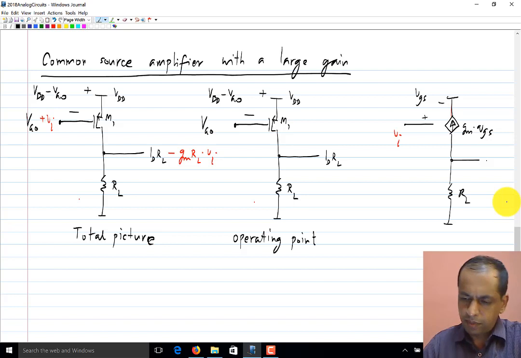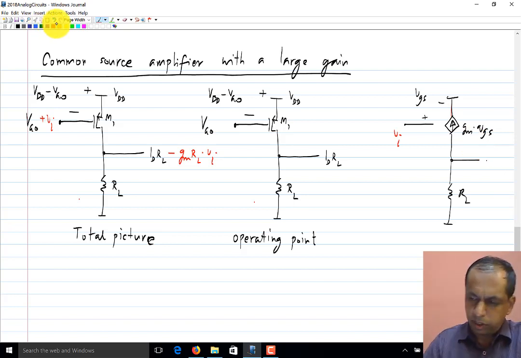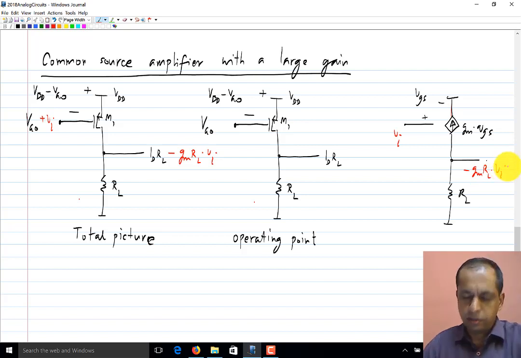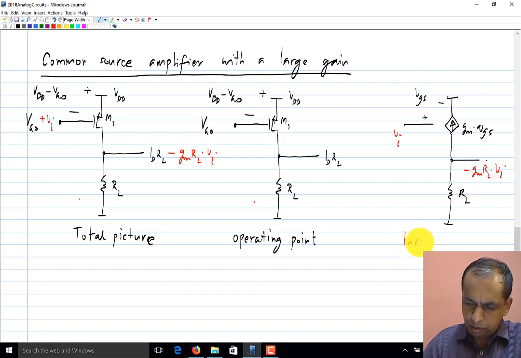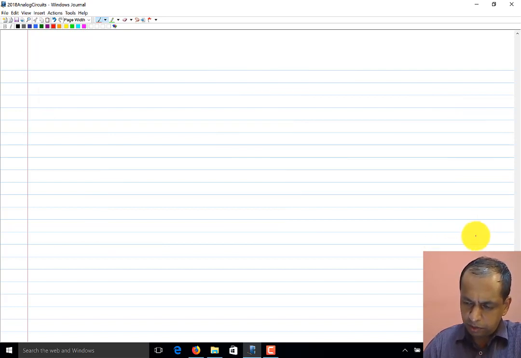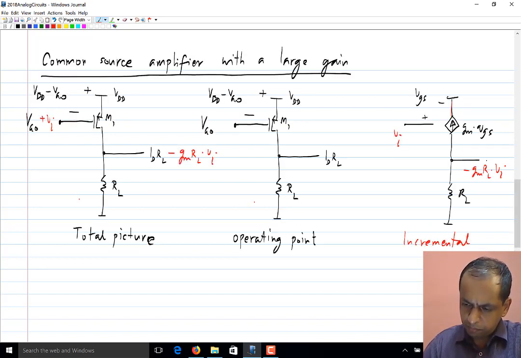Okay, and at the output we would get minus GM RL times Vi. So this is the incremental signal picture.